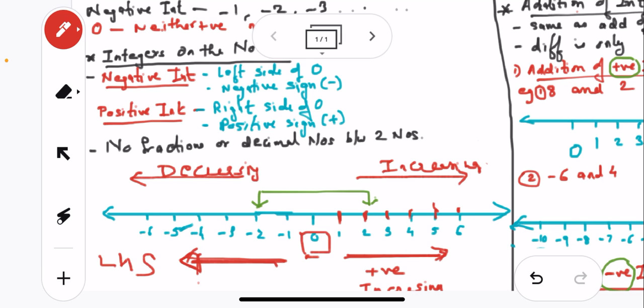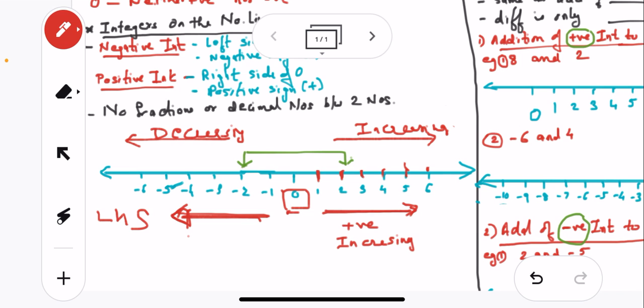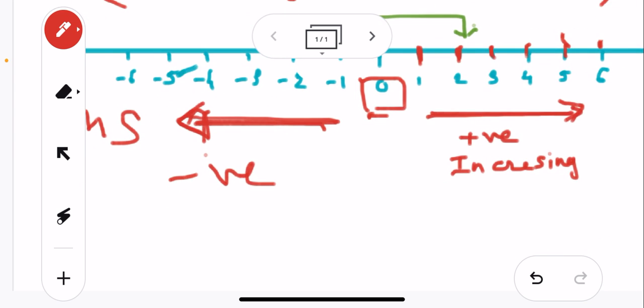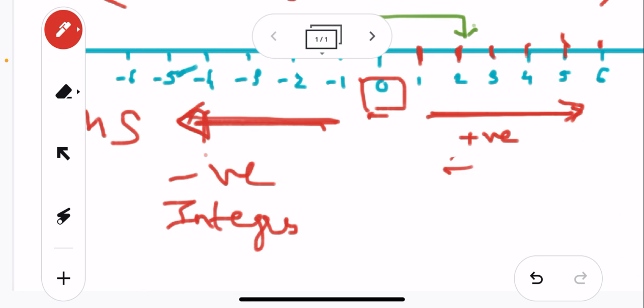The numbers on the left hand side go on decreasing, and the numbers on the right hand side go on increasing. So these are positive integers and these are negative integers. These are positive integers.